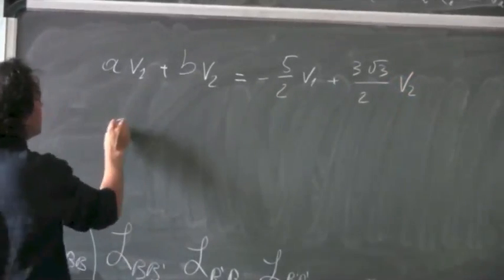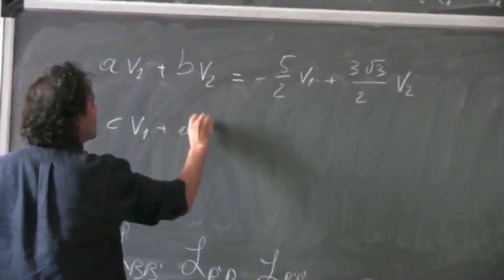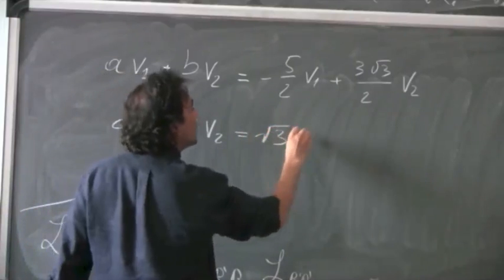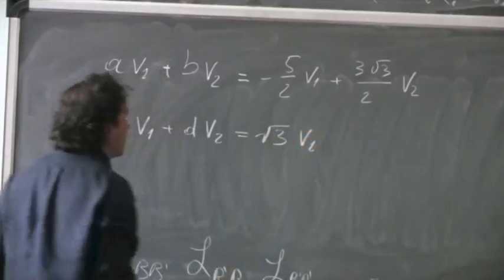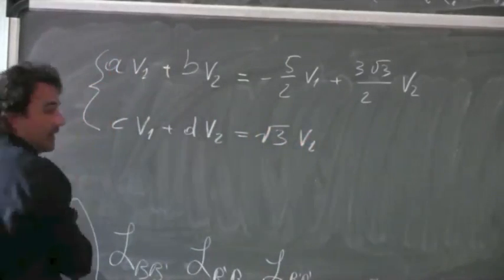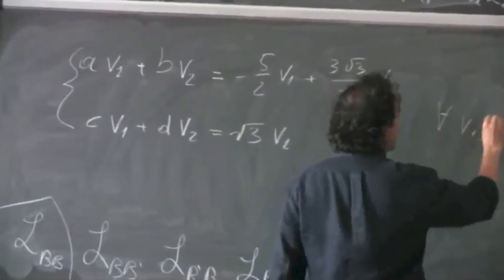The second one is C V1 plus D V2 equal to square root of 3 V1. But this should satisfy this system for every V1 and V2.